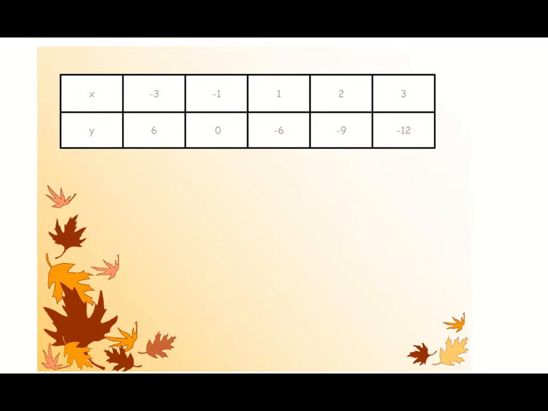This is going to be the last one we do together, and then I'm going to have you try a few on your own or with a partner if you have somebody to work with. So on this one, same deal, always starting with the change of y over the change of x. So my change of y, 6 to 0 is a minus 6. 0 to negative 6, minus 6. Here I have a minus 3 and a minus 3.